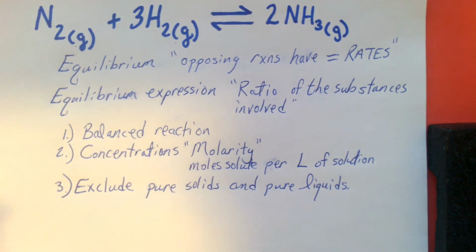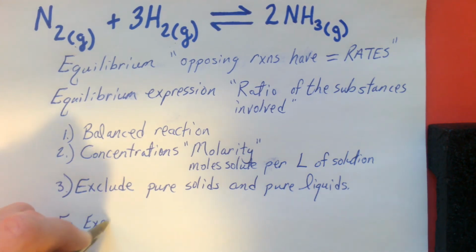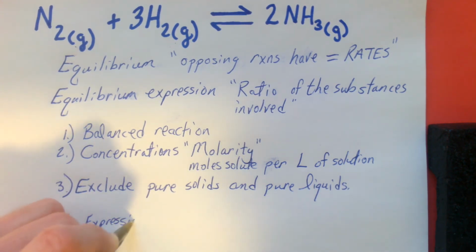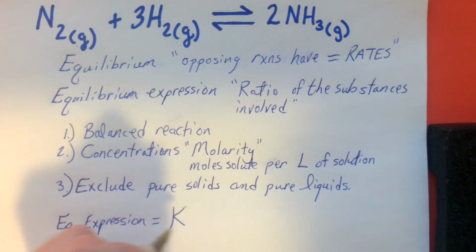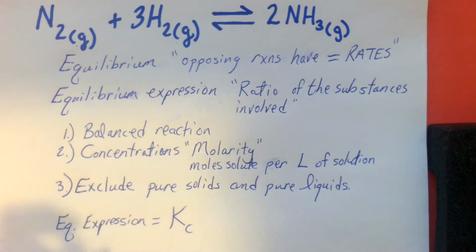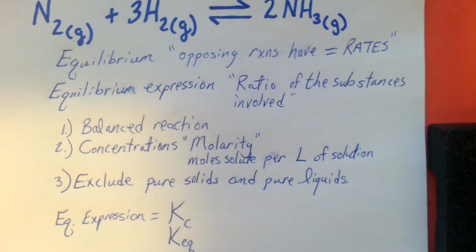So now let's write the expression. Our equilibrium expression is equal to K, and we often use a capital K with a subscript c for concentration. Sometimes you will see individuals put a capital K with a subscript of eq for equilibrium.